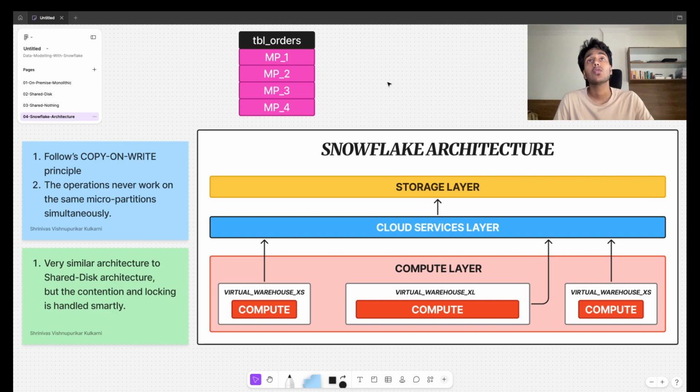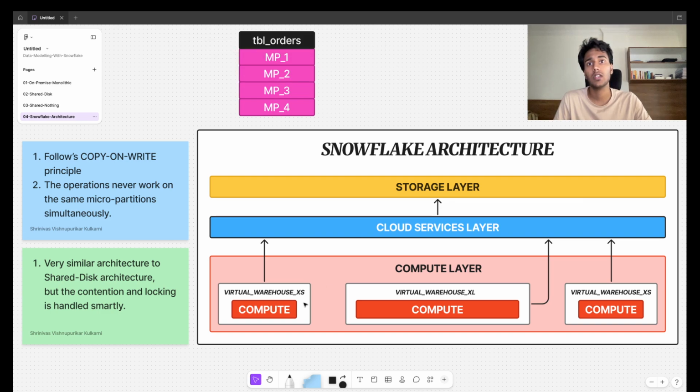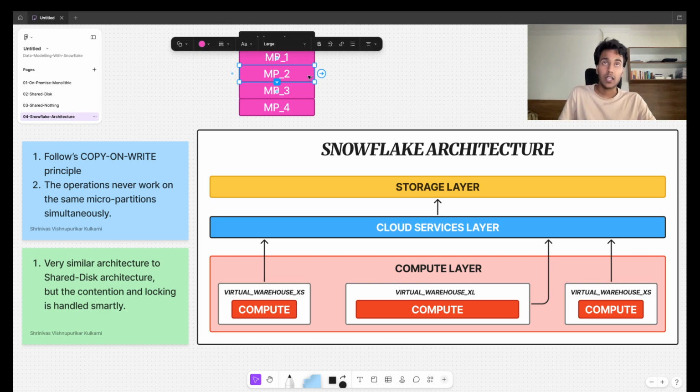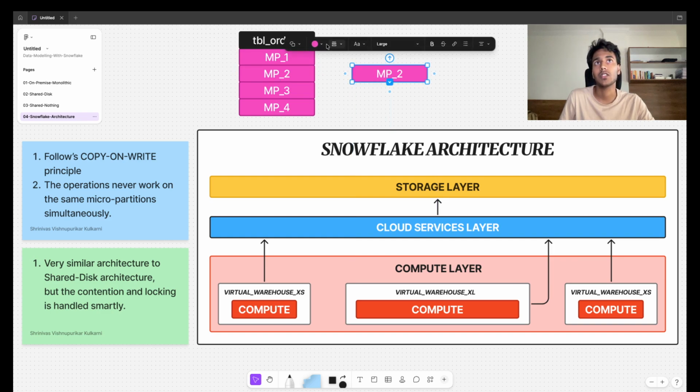Perfect. So whenever certain data needs to be updated in micro partition 2, you would think that this particular compute resource will update this particular micro partition, but that is not the case. In that case, this micro partition will be copied.